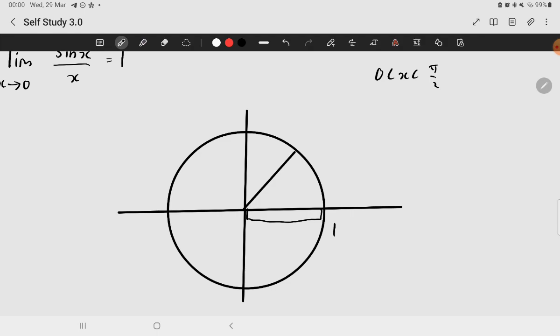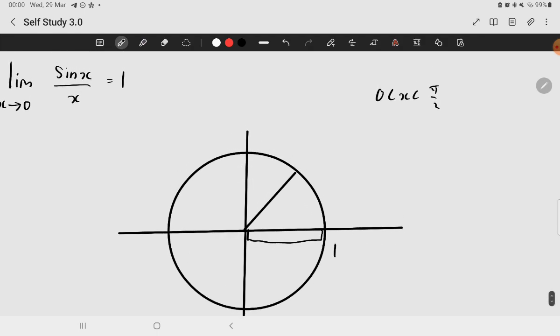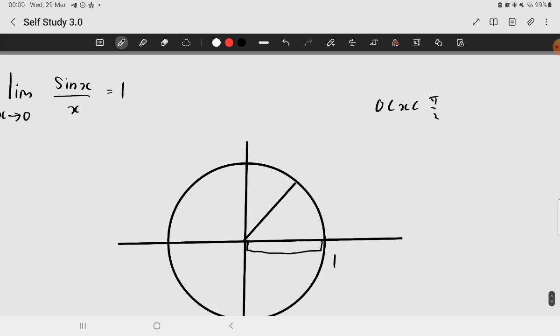Then I have to draw the bigger triangle first. Let me draw a line over here. I'll label this as x. And at this point, it will be 1, tangent of x.